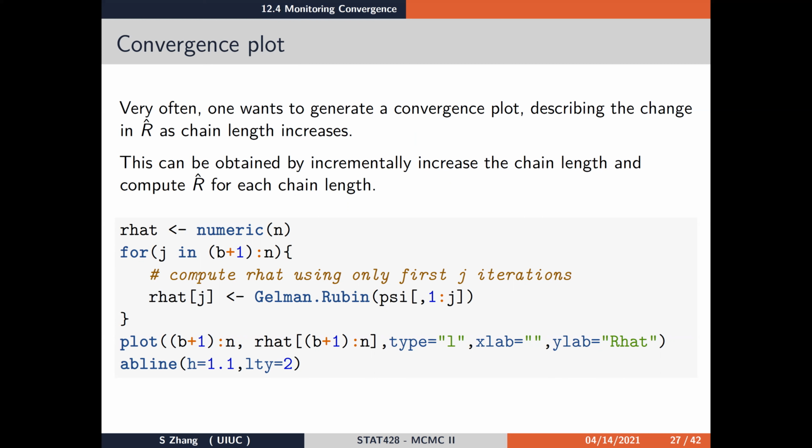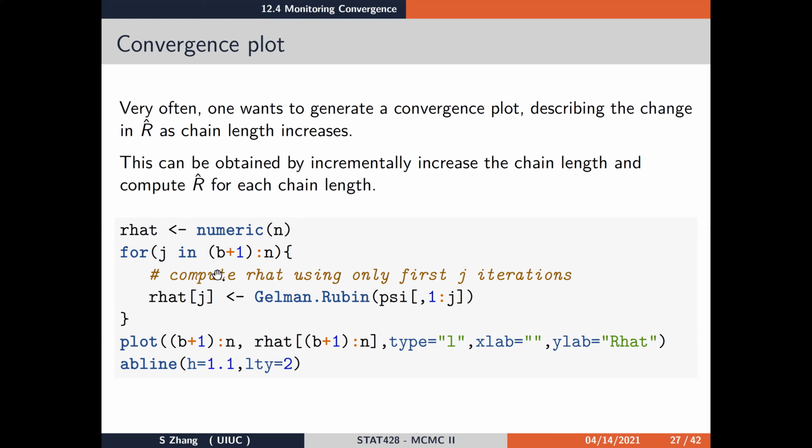We will first create a vector called R hat, and it will have a total of n entries. Each of the entries will be used to store the R hat if we just run the chains, so the jth entry will store the corresponding Gelman-Rubin R hat if we just run the chains for a total of j iterations.